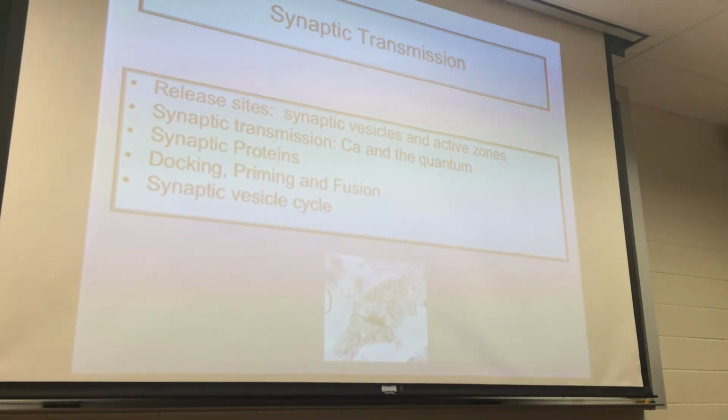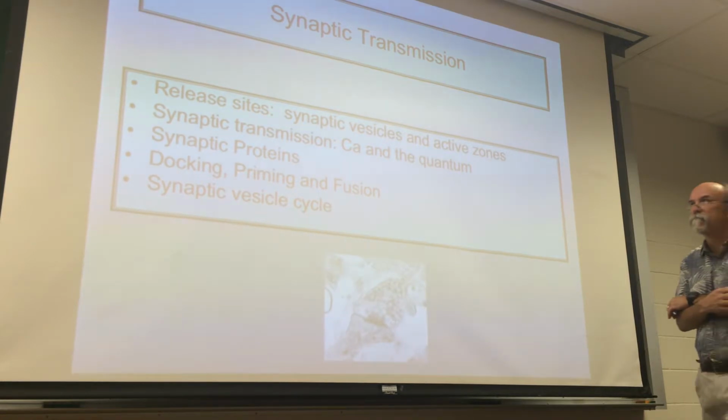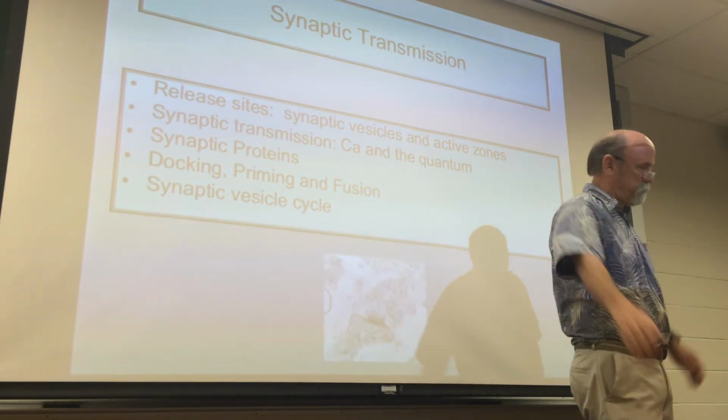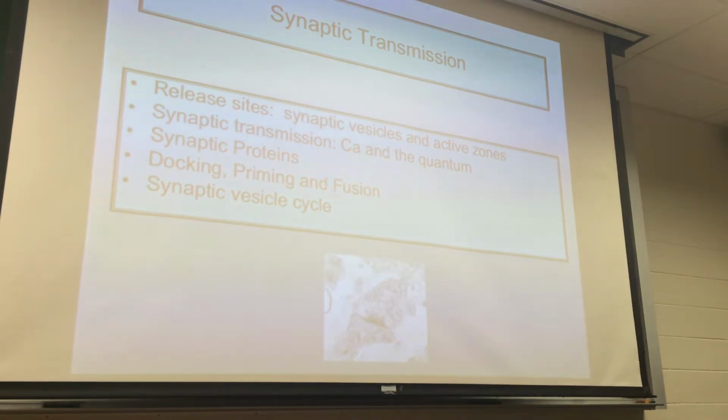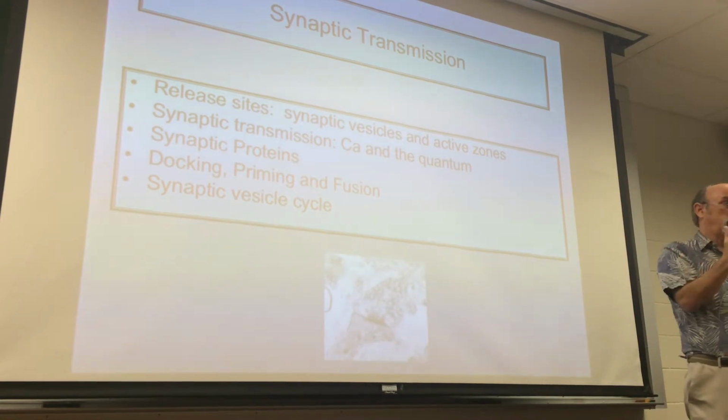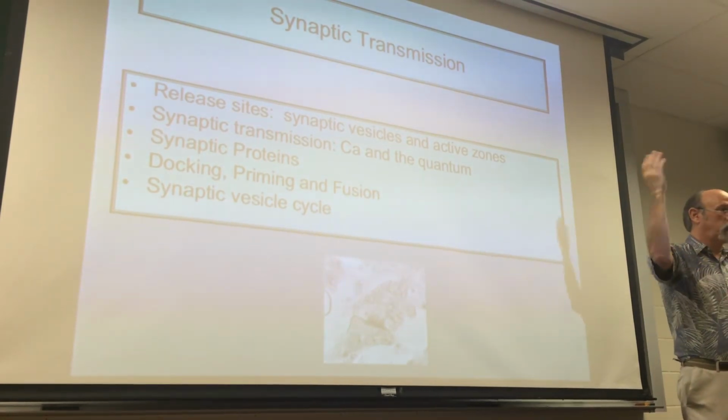Okay, there you go. So now we're getting down to really the extraordinary adaptation in the nervous system of converting an electrical signal, in the vast majority of cases, to a chemical signal, and then back into an electrical signal.